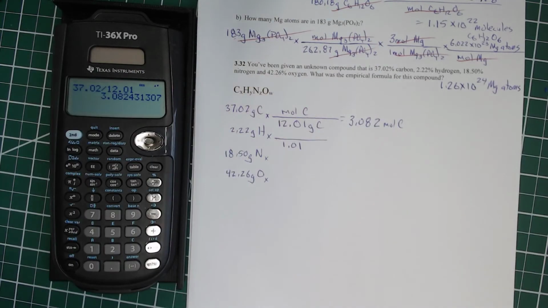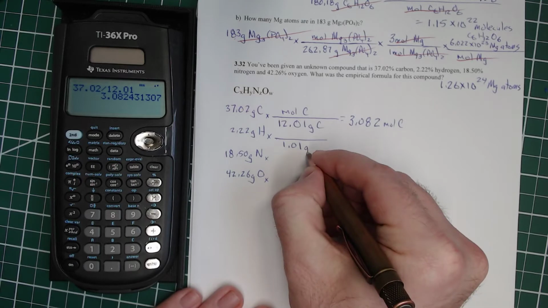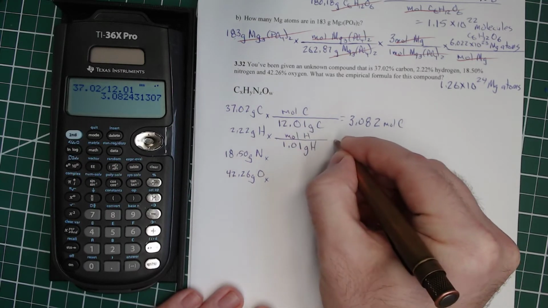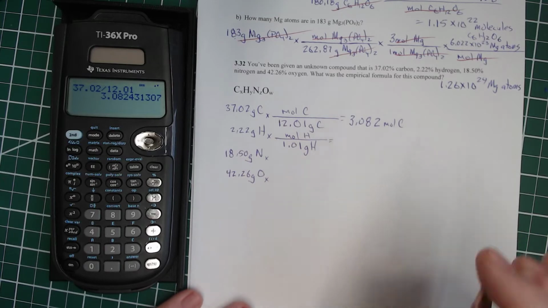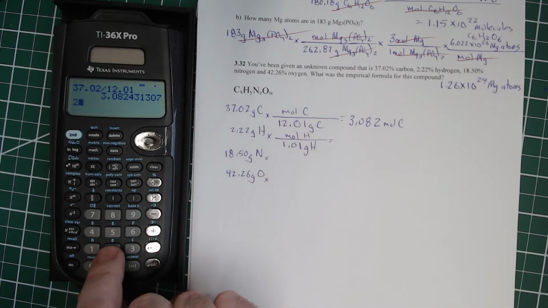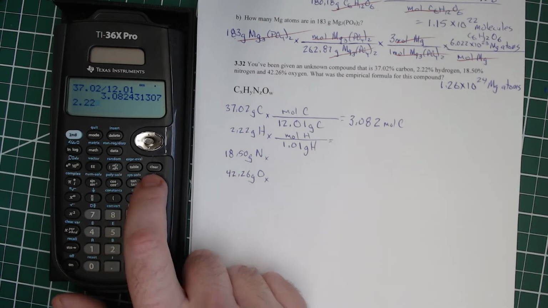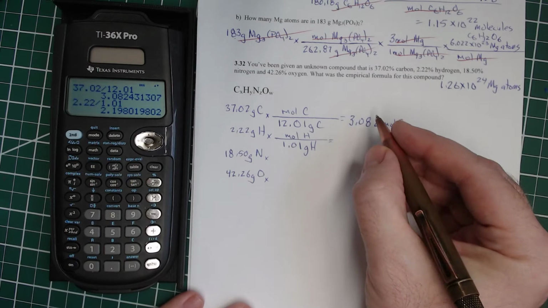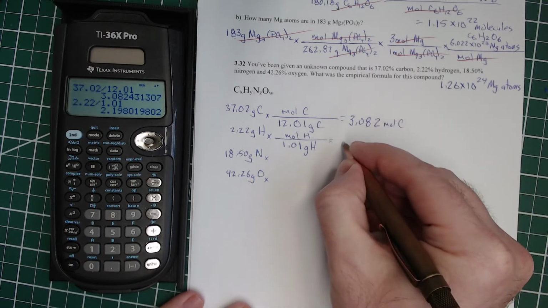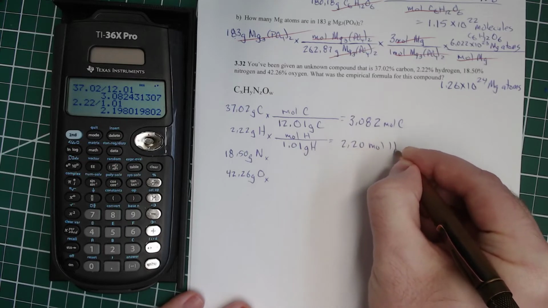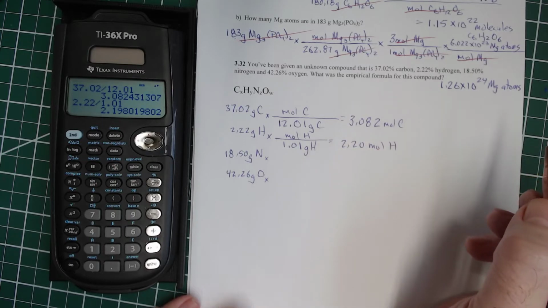But on this one, we can do 1.01 grams of hydrogen per mole of hydrogen. And when we do that, 2.22 divided by 1.01, we get 2.198. We're going to call that 2.20 moles of hydrogen. Again, we have 3 sig figs there.